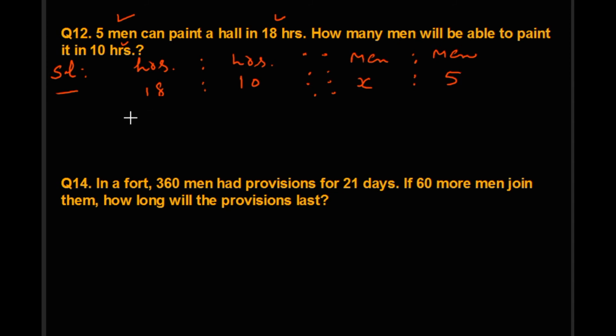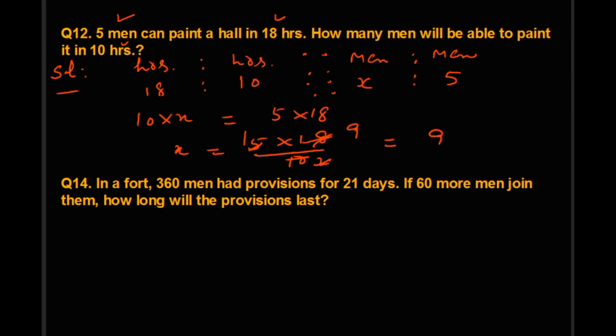Like this. So product of means, 10 multiplied by x, equal to product of extremes, 5 multiplied by 18. So x equals 5 multiplied by 18 upon 10. 5 ones are 5, 5 twos are 10, 2 nines are 18, equal to 9 men.